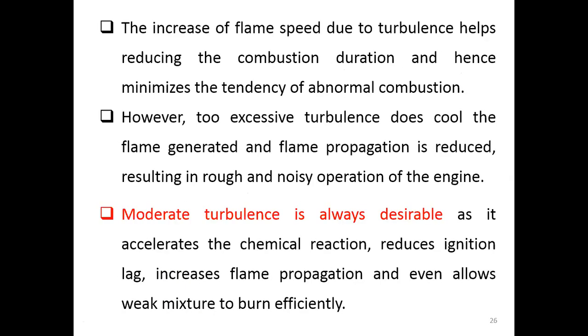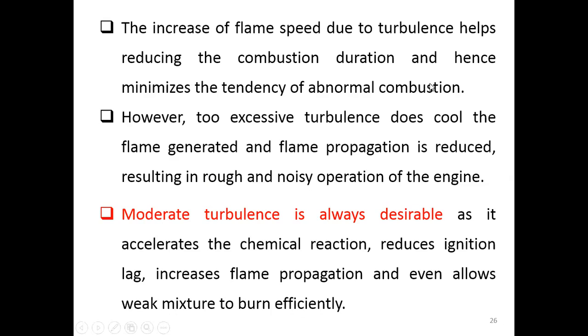So the increase of the flame speed because of the turbulence will help reduce the combustion duration. Everything leads to reducing the amount of time for the combustion to finish. And apart from this, by increasing the flame speed, it will reduce the chance for abnormal combustion to happen.